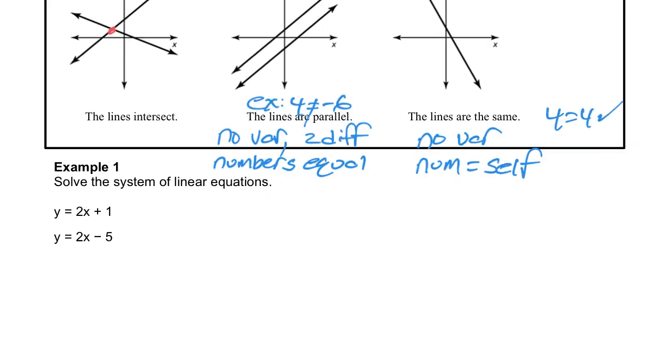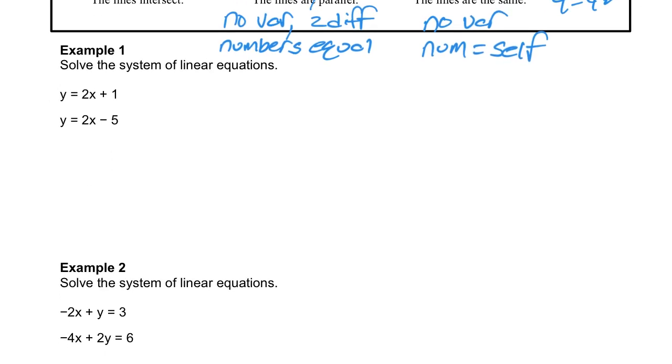So let's look at example 1 here and see how that'll work out. This first one, it's probably where we could graph them, but I'm going to do elimination with this. And I know elimination, we typically will have these where they are, actually, let's not do elimination. Let's go ahead and do substitution here. So I'm going to take this 2x plus 1 and plug it in for this y right here.